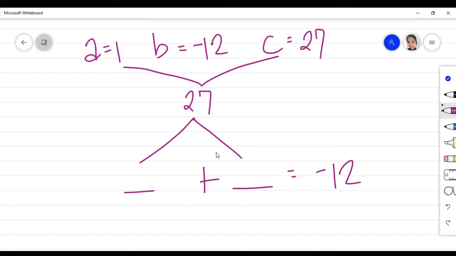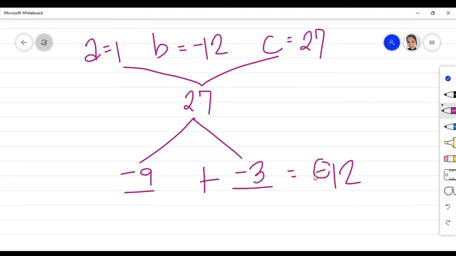So what are these two numbers? It's negative 9 and negative 3. Since negative 9 times negative 3 is positive 27. But if we add them, same sign, right? We have to add them and then keep the sign. So negative 9 plus negative 3, that's negative 12.